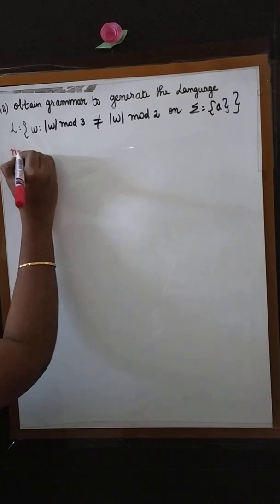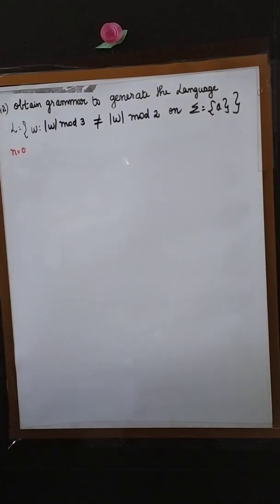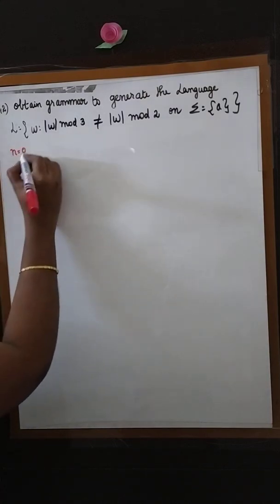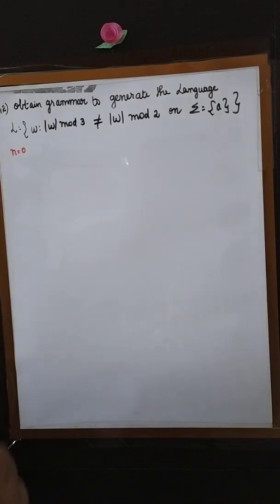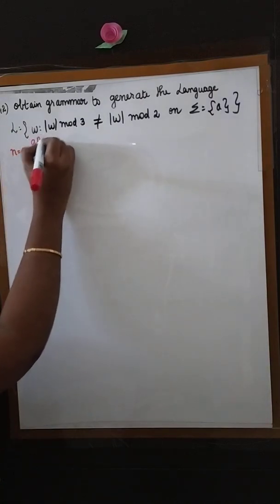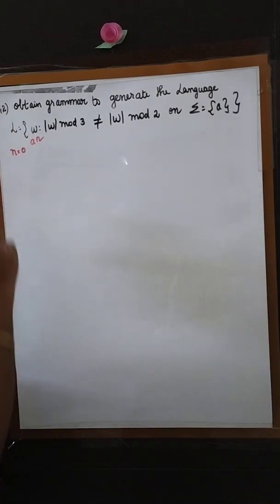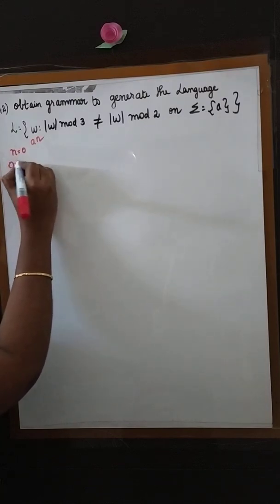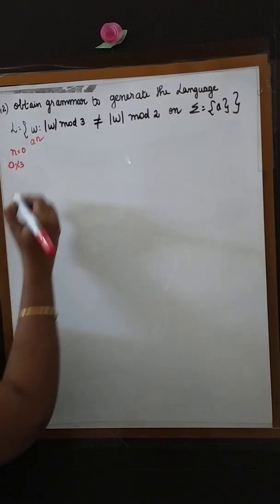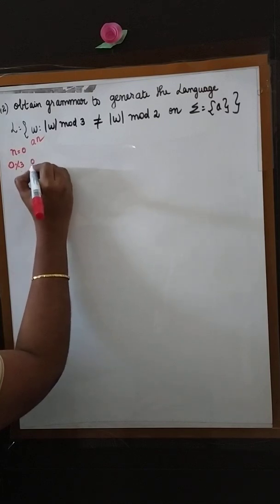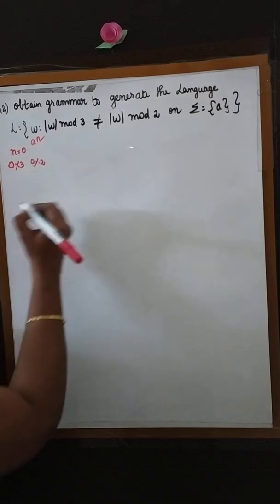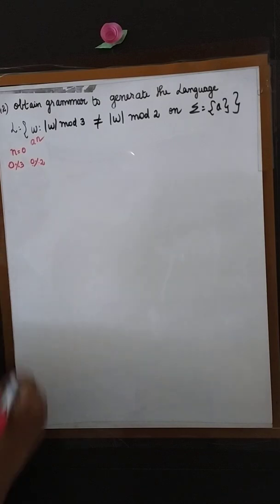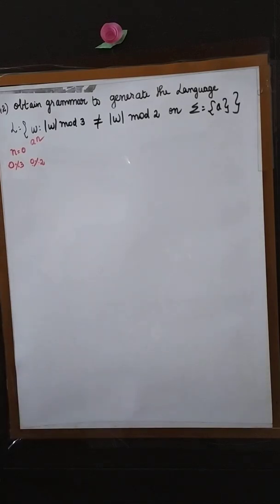So when my n is equal to 0, what happens when I take a to the power of n? We are taking everything as a to the power of n. So a to the power of 0 comes zero times, right? So I take 0 mod 3 on one side and 0 mod 2 on the other. The mod operator means you have to see the remainder.